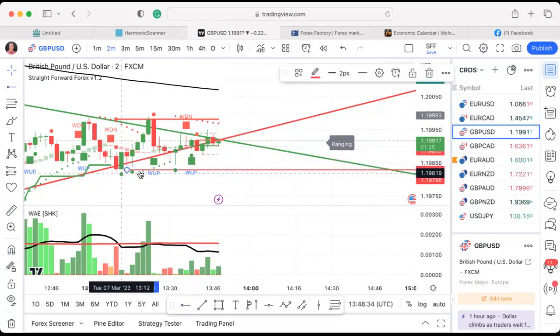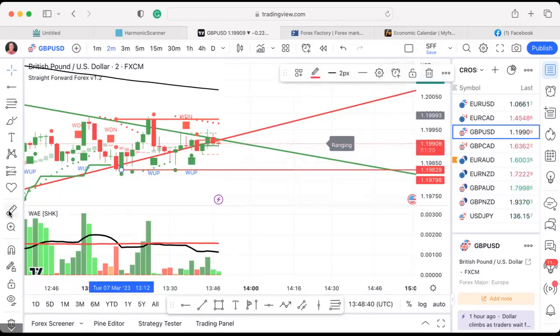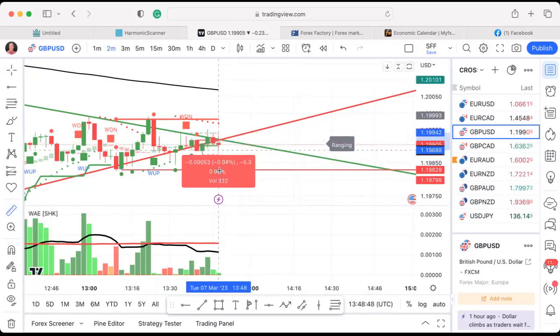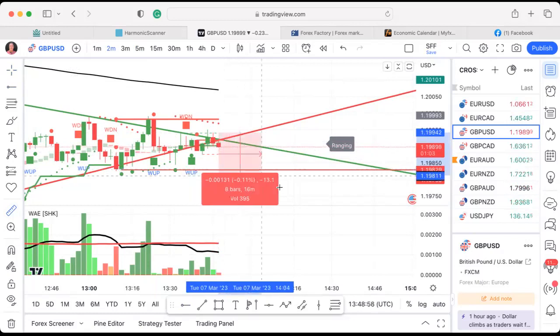That's a bull engulfing candle. And that would give me, we're on the 2-minute time frame, so we'll probably be getting in above that green line somewhere around about there. And that would give me 10, 11, 12 pips stop loss. That's more like it.